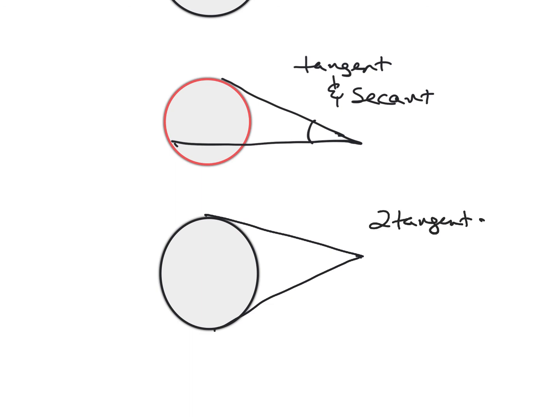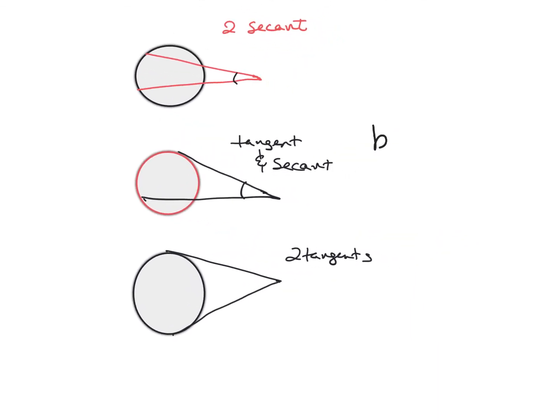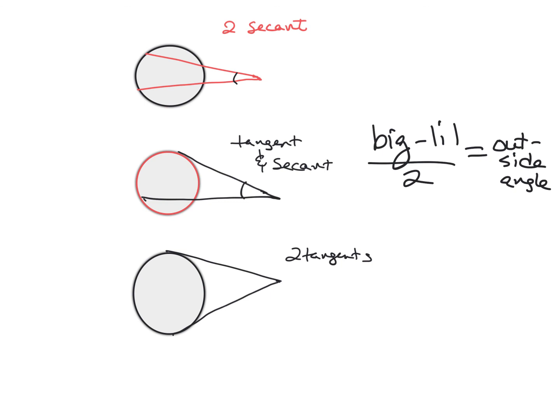All 3 of these are going to use the same formula. They're all going to do big arc minus little arc divided by 2. And it's going to give me the outside angle. So the big arc, oops, I want to erase that.